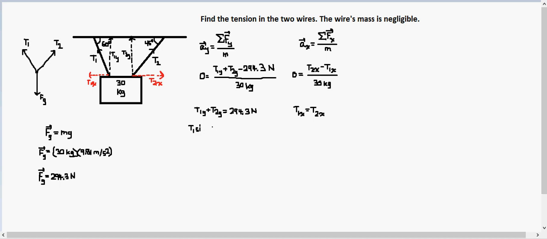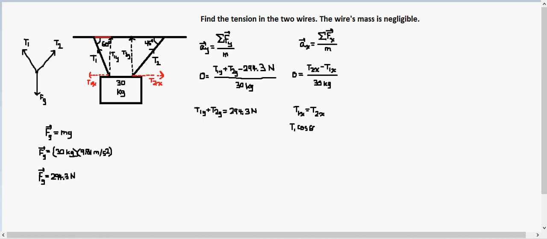But you know what? I have a better idea. Let's go to the x, it looks much simpler. T1x, if you are here, that's adjacent over hypotenuse, so T1 cosine of 60.